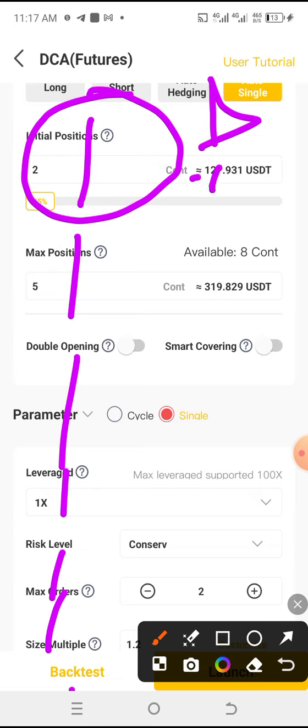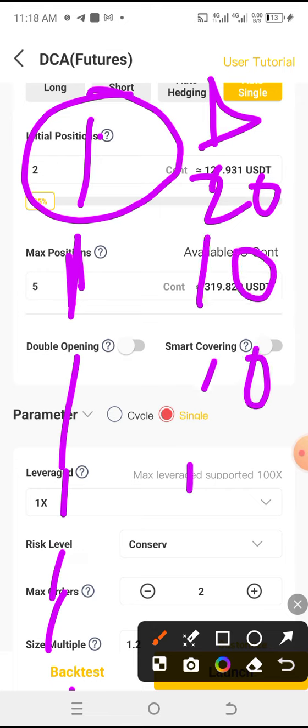So this is now going to be $20 instead of the $10. So this one is going to be one of what it should buy at the beginning. So it's going to be one of $10. So this is going to be $10, $10, $10, $10, and so on. So that is the advantage of double.